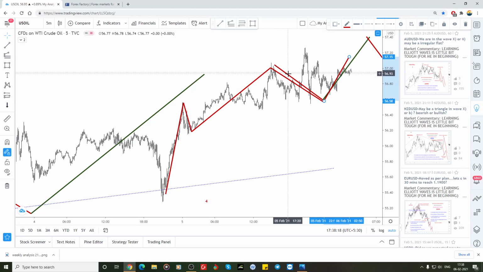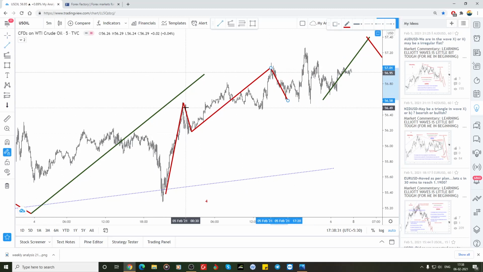Exactly, it did the same as I expected. See, it came down here, right? ABC is a 1, ABC is a 2, ABC is a 3, here ABC is a 4, A, B, and C is a 5.